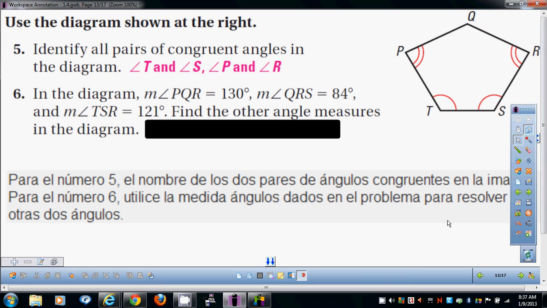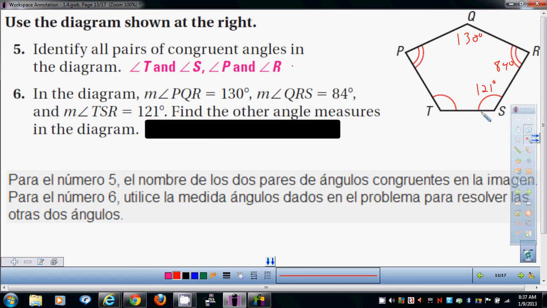In the diagram, if PQR is 130 and QRS is 84, I think it's easier if I just write these in. Now, is this a triangle? No. So these will not have the same principles of a triangle, so it may not add up to 180 or whatever it is you've learned in the past. So, anyway, this is what it says.